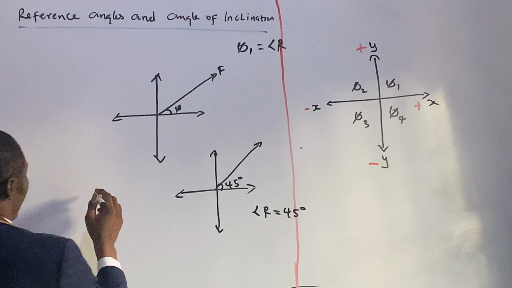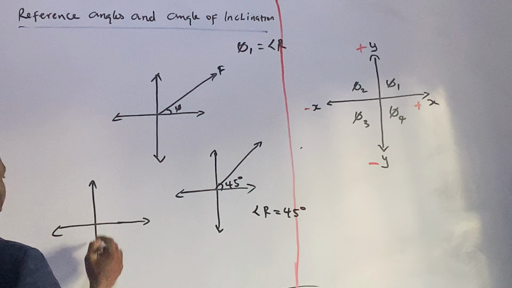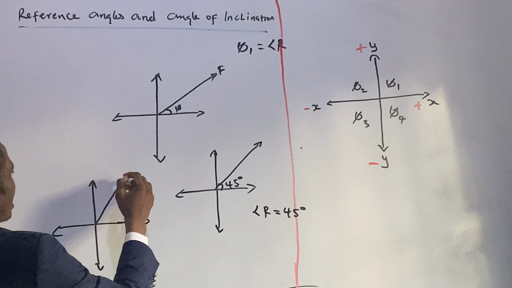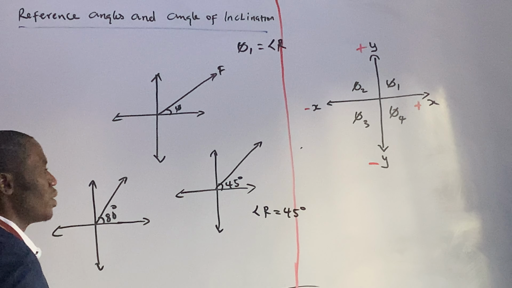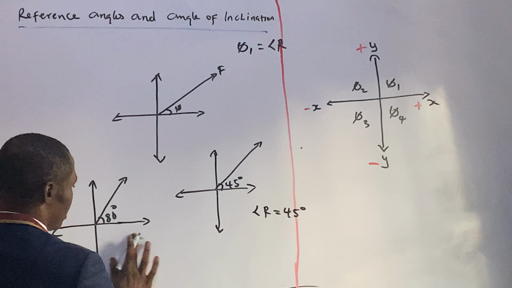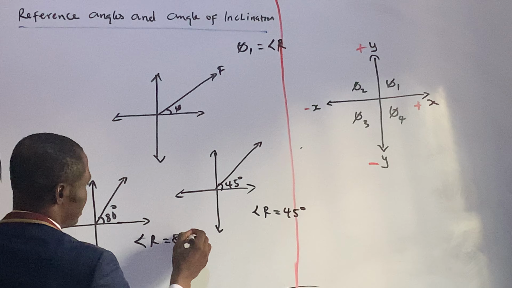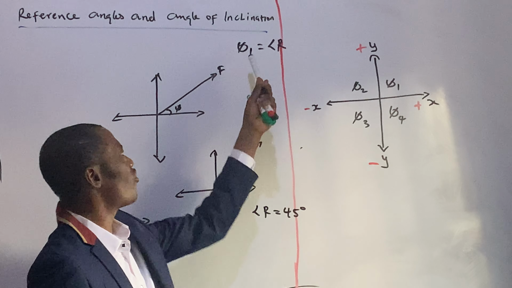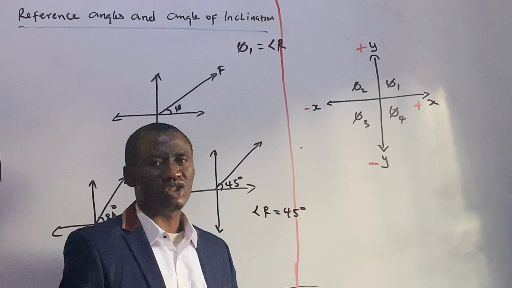Let's say we have another vector, and then the vector travels with the angle inclined at 80 degrees. Now, the reference angle here is the same as 80 degrees, because the angle of inclination and the reference angle are the same thing in the first quadrant.